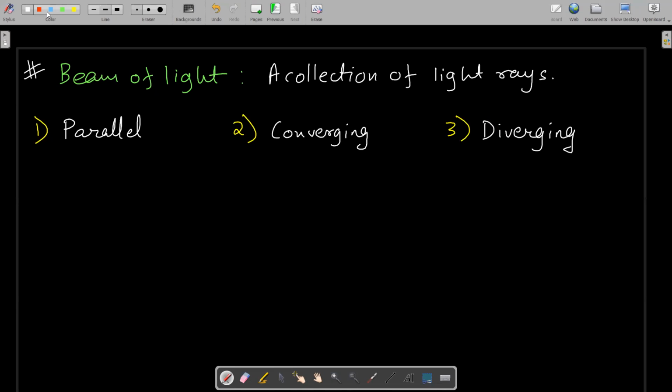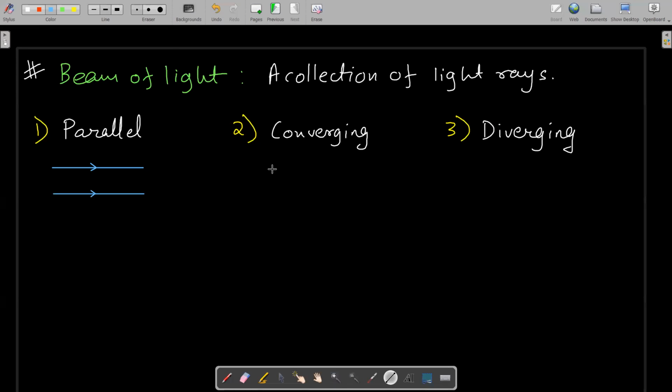Okay, so let me just draw these rays. What do you mean by parallel beam? So parallel beam would look like this. You could also call them parallel rays. The arrow implies the direction of ray. Okay, these are parallel rays or parallel beam कह सकते हो.